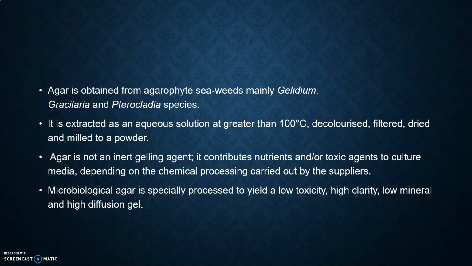It contributes nutrients or toxic agents to the culture medium, depending upon the chemical processing carried out by the suppliers. Microbiological agar is specially processed to yield low toxicity, high clarity, low mineral and high diffusion gel.